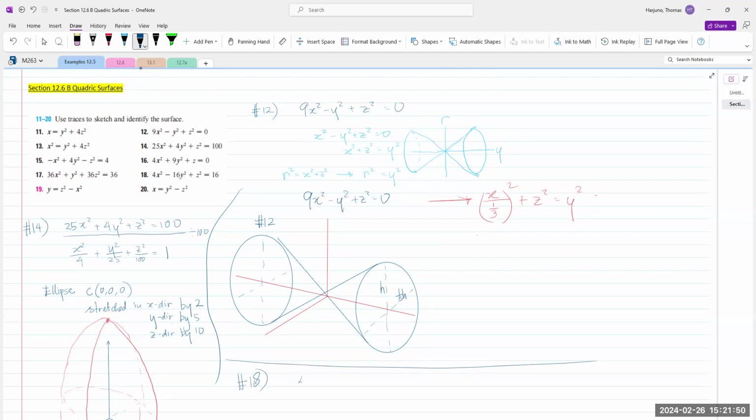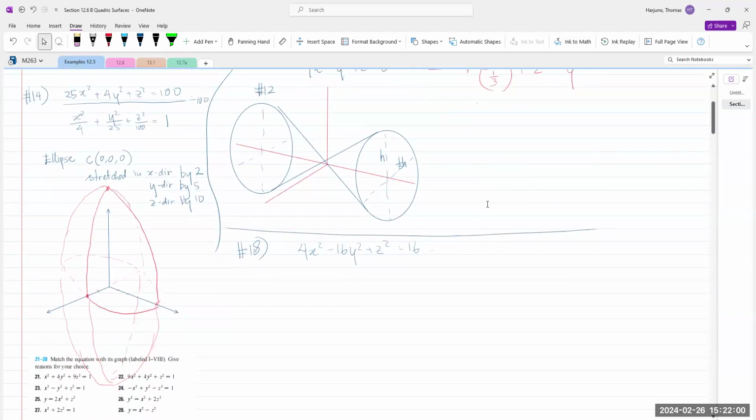We have 4x squared minus 16y squared plus z squared equals 16. What will this look like? Oh, I think this will look like, hold on.